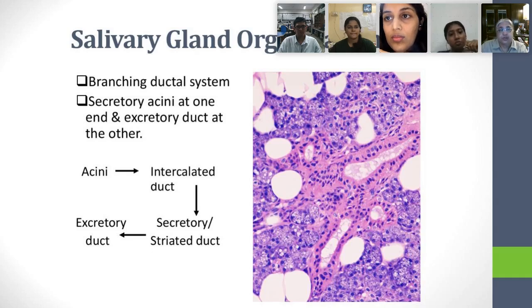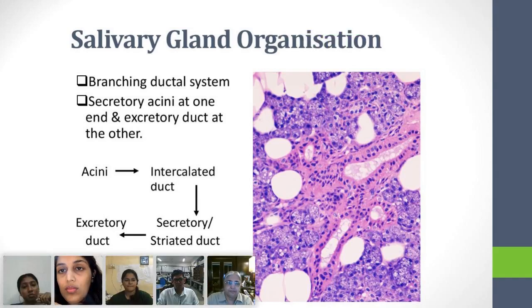Now, salivary gland is organized in a branching ductal system. All right, and you can see the branching ductal system here. You see the acini. Now, do you see these acini? Yes, ma'am. This is the terminal portion of a secretory system which has ducts.